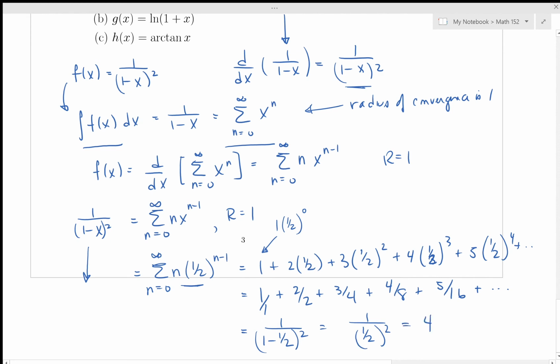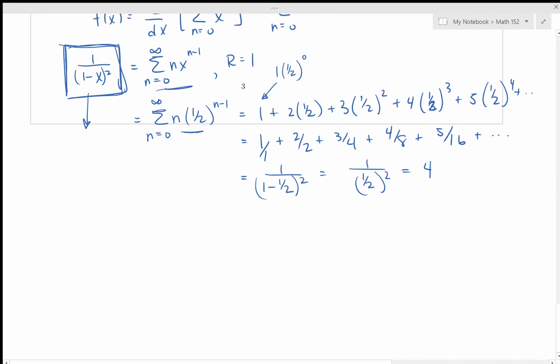So this thing over here is going to allow me to actually figure out what this sum is in this case. It's not a geometric series anymore, right? Because we don't have a common ratio. But because we've been able to go through this relationship and figure out what function this does represent in this form, then we can come to the sum.